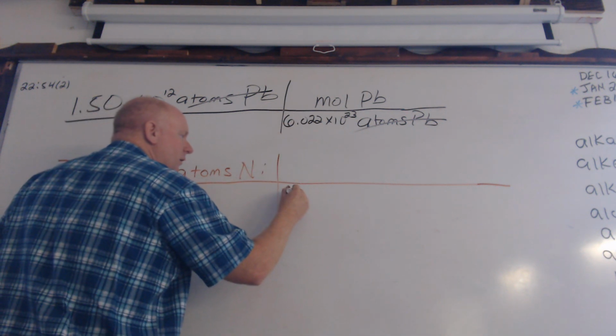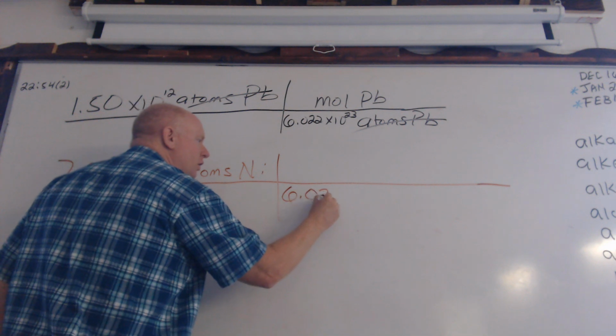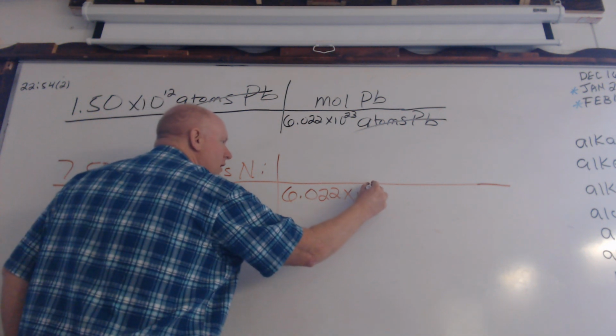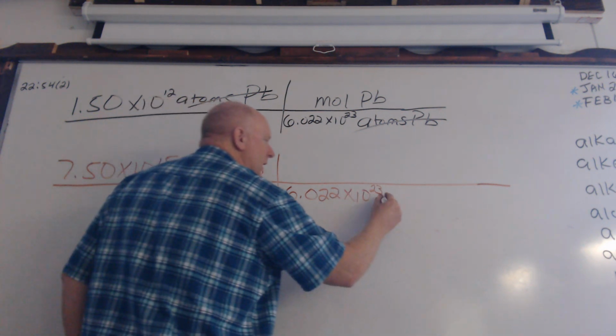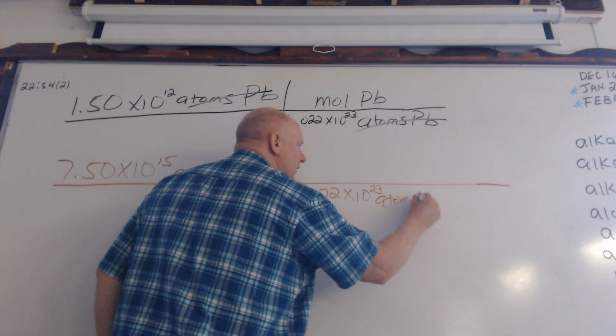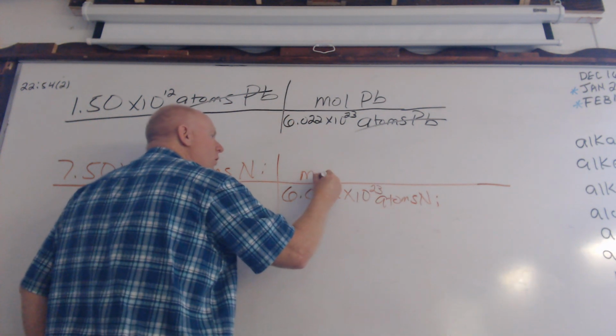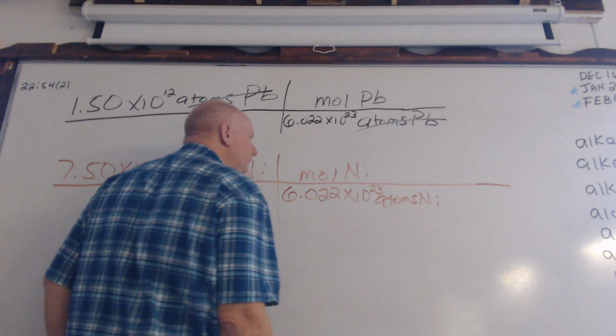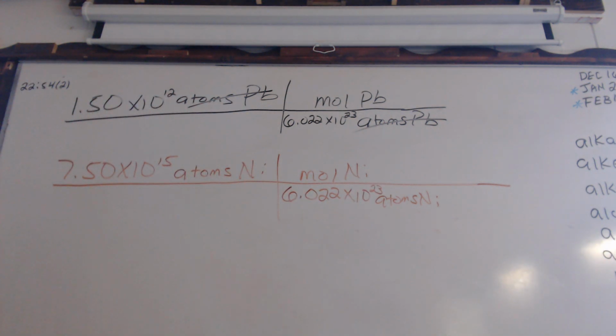For every 6.022 times 10 to the 23rd atoms of any substance, in this case nickel, you get a mole of nickel. Now, our atoms have canceled. We're in moles of nickel now. How do we get rid of that mole? Put a mole on the bottom.